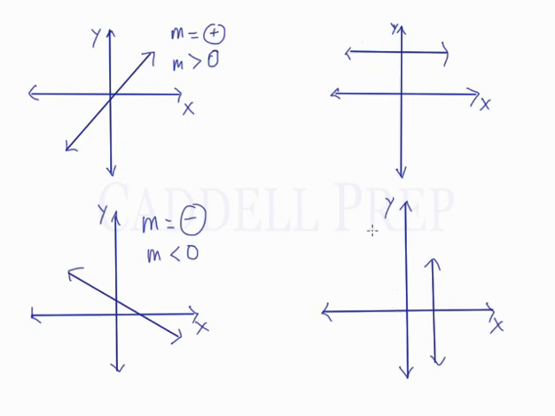These two are a little bit more confusing. There are actually some pretty special circumstances for slopes. This line is going horizontal. So remember, the equation of slope, m equals y2 minus y1 over x2 minus x1.